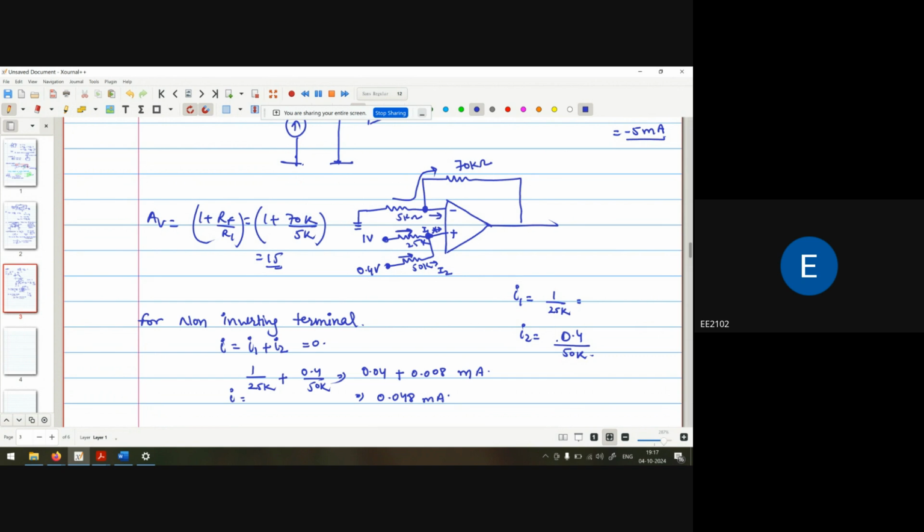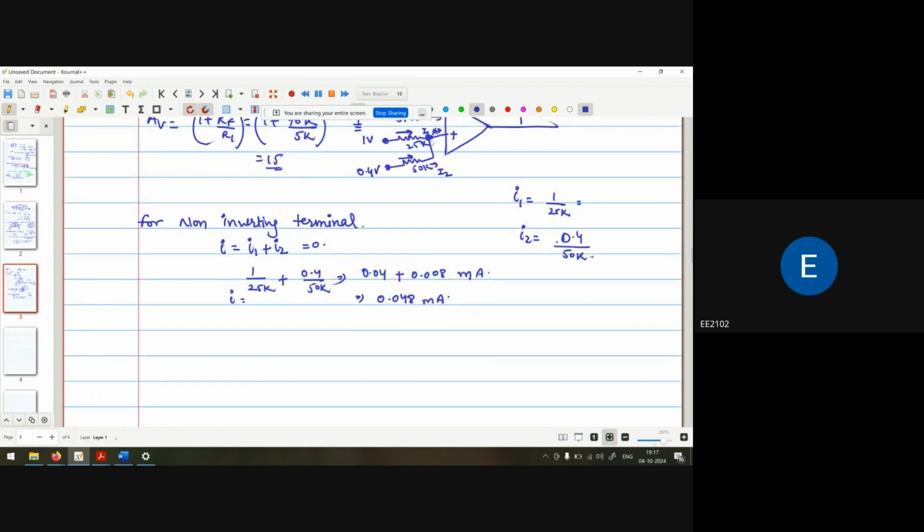Okay. Now, if we say, what is the voltage at this point? I1. If I want to calculate what is the voltage at this point, how should I calculate the voltage? I assume this voltage is Vx.